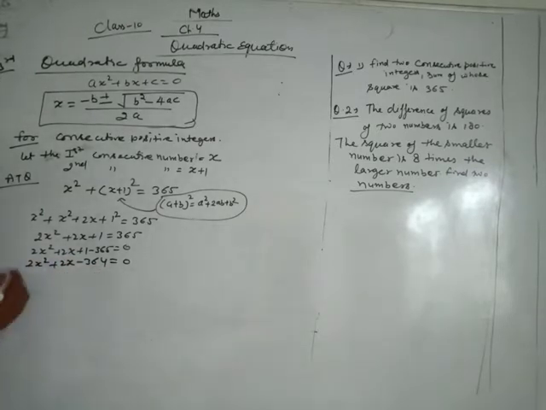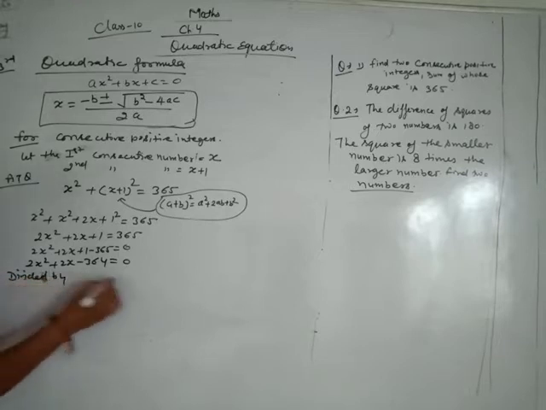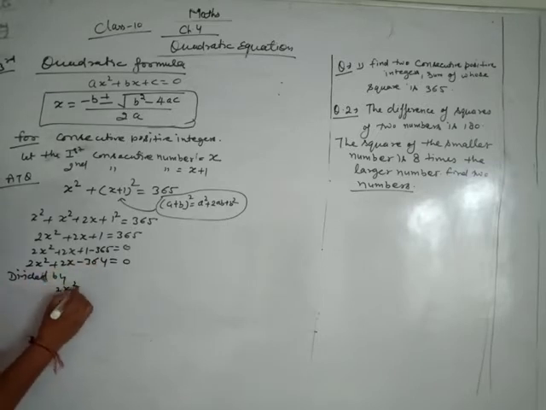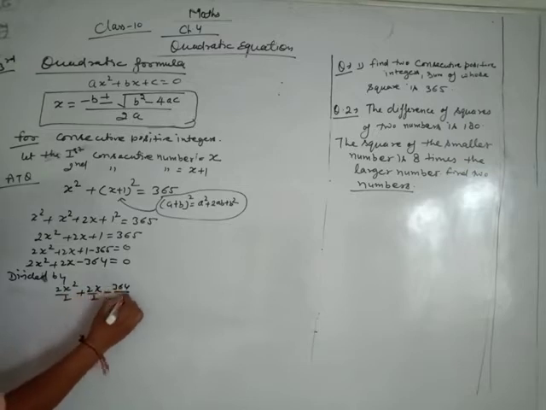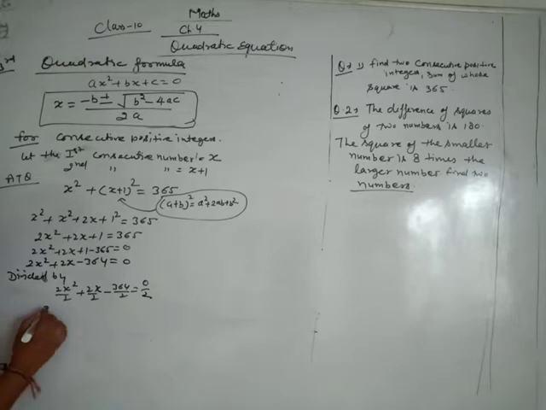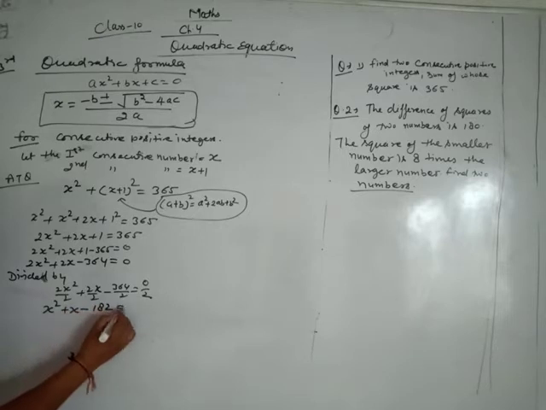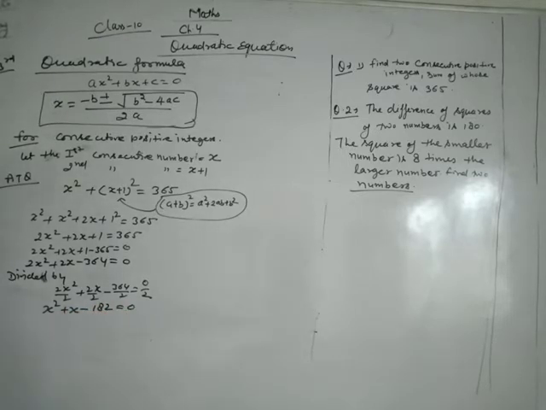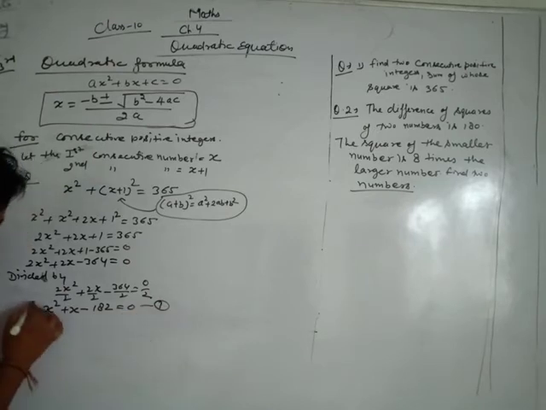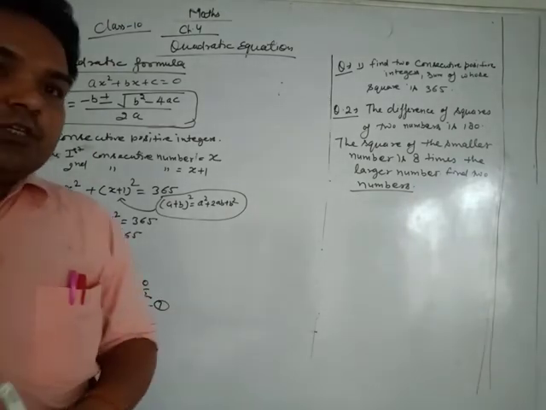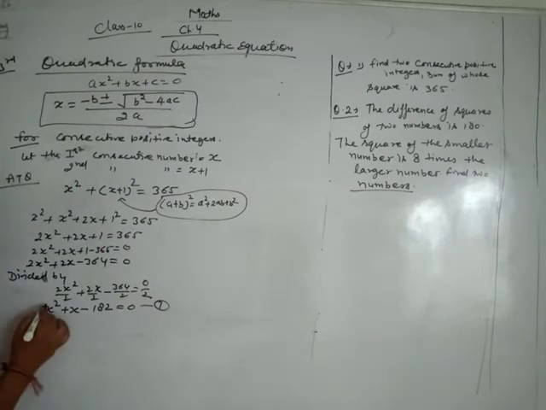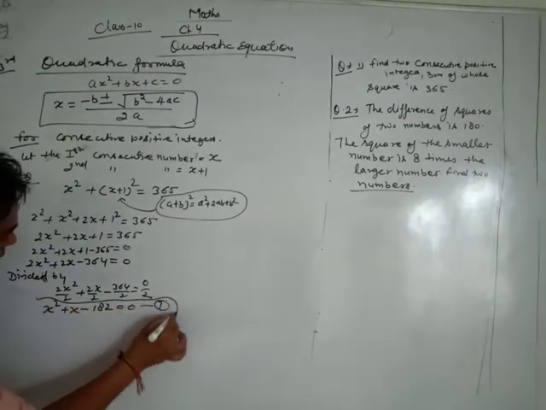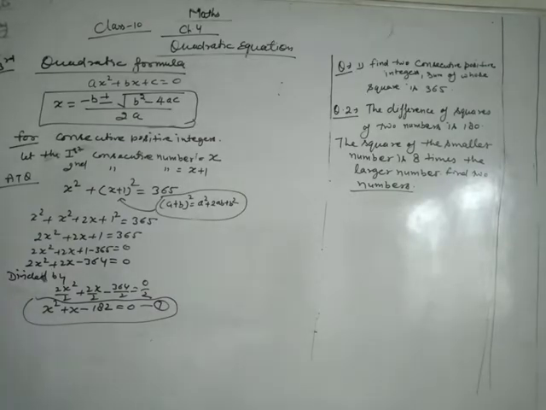Then 2x square by 2 plus 2x by 2 minus 364 by 2 equal to 0 by 2. So we get x square plus x minus 182 equal to 0. Clear? So it is our equation first: x square plus x minus 182.